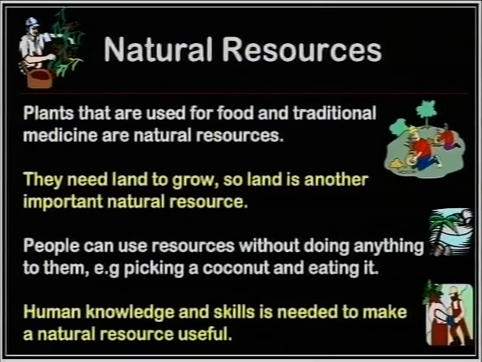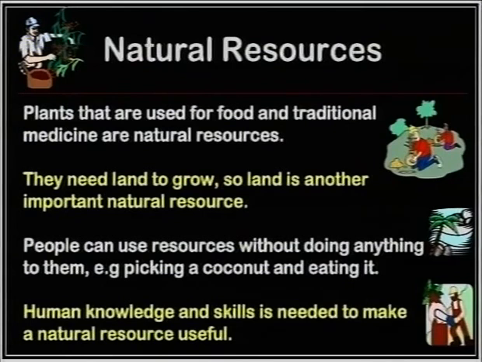Next point, it reads, people can use resources without doing anything to them. Example, picking a coconut and eating it. You see, from the coconut tree, they get a coconut and what? They eat it, all right?